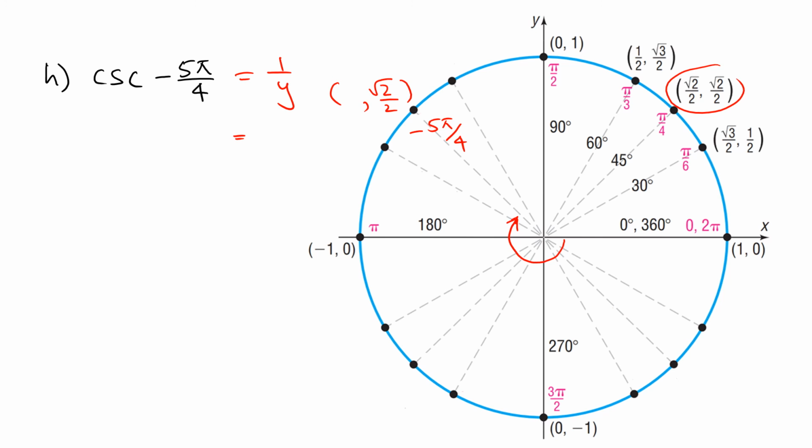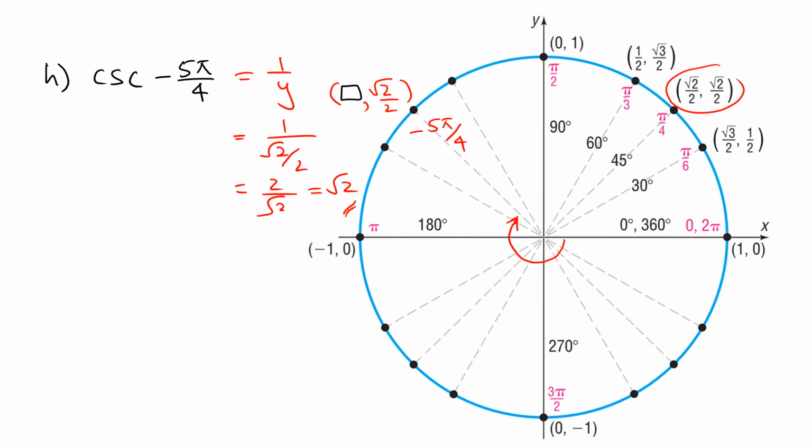So it's 1 over square root 2 over 2, which means 2 over square root 2. If you simplify, you end up getting square root 2 as the answer.